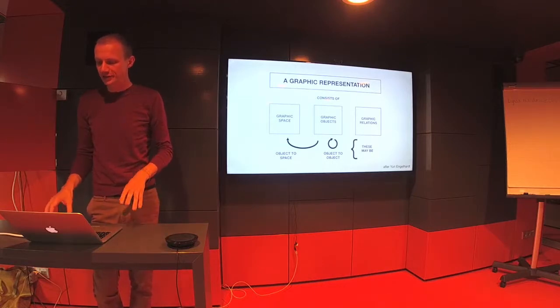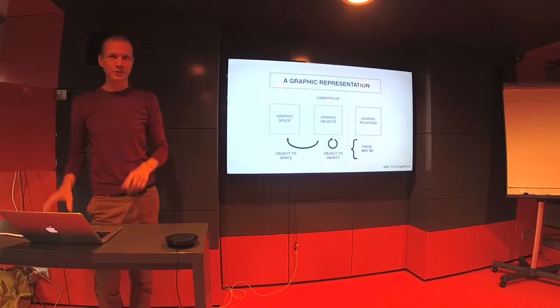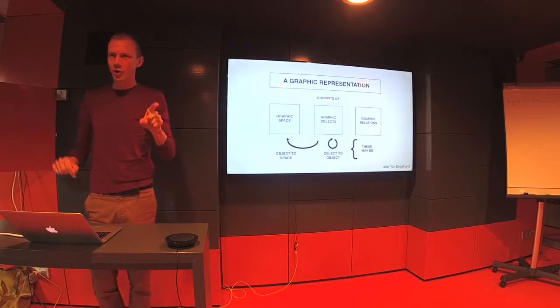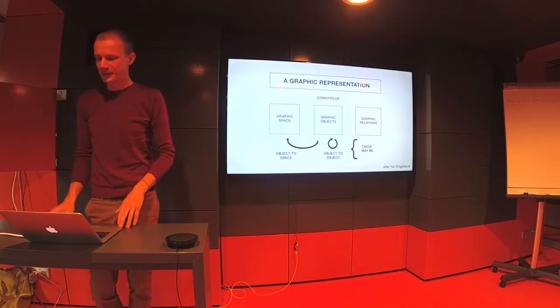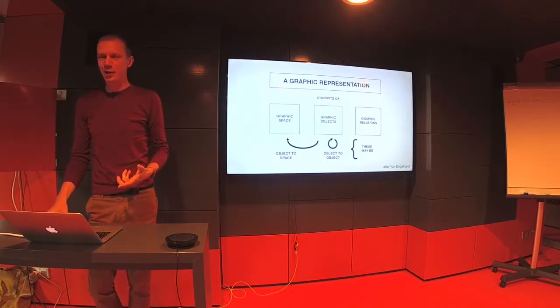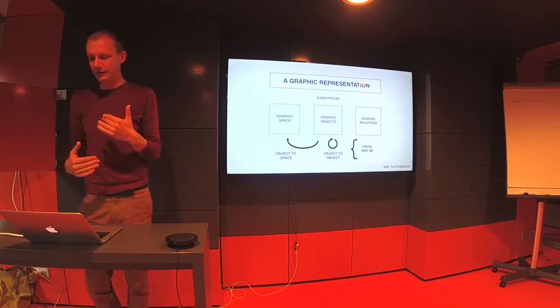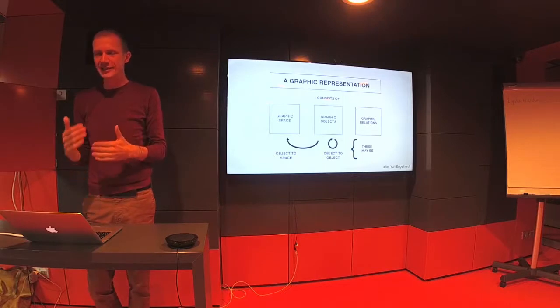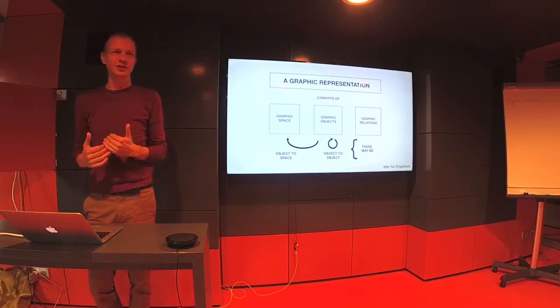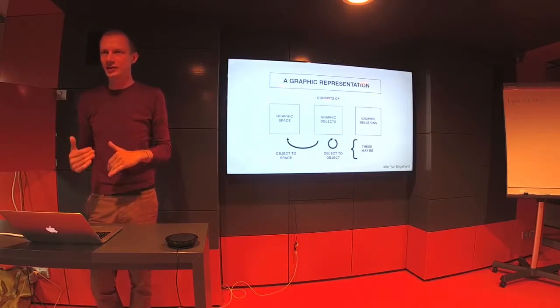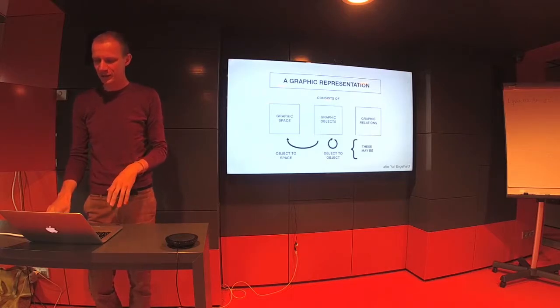Graphic relations may be between the objects in the graphic space or objects to the space. This is really helpful when you're designing something, to be able to identify what it is that you're creating on a more technical level.